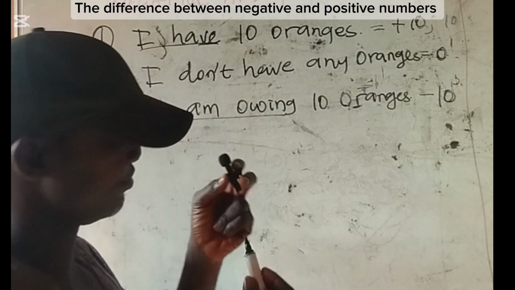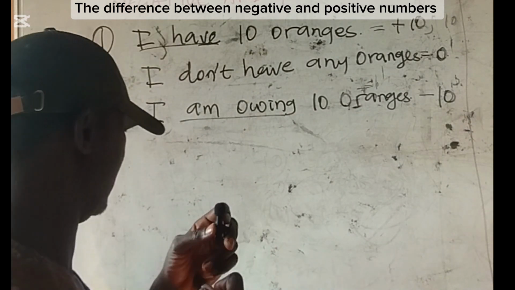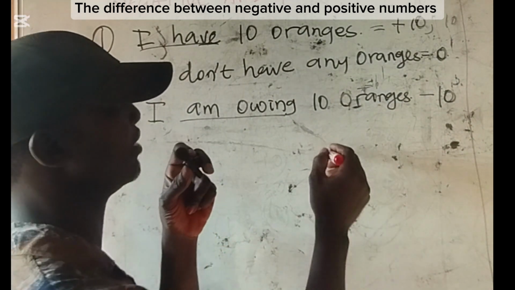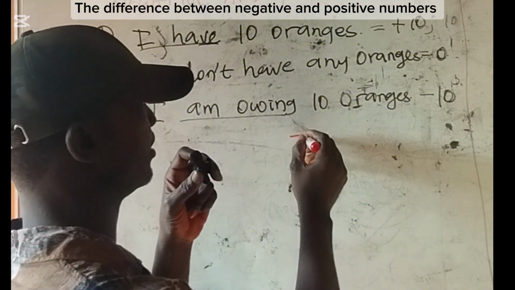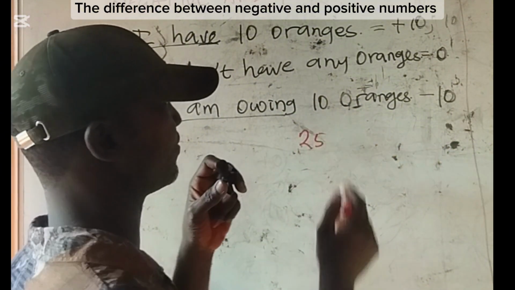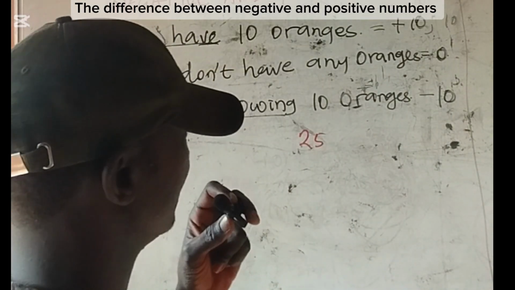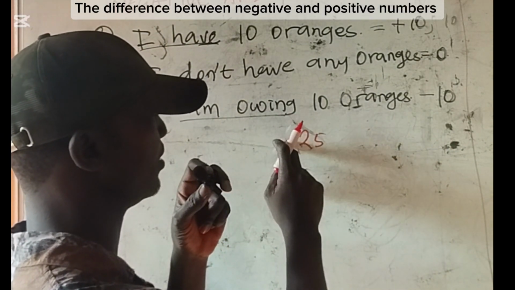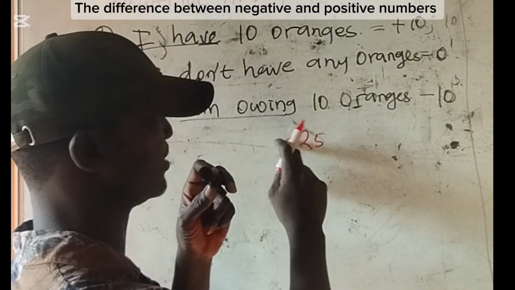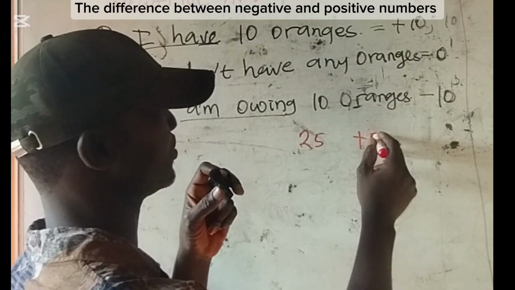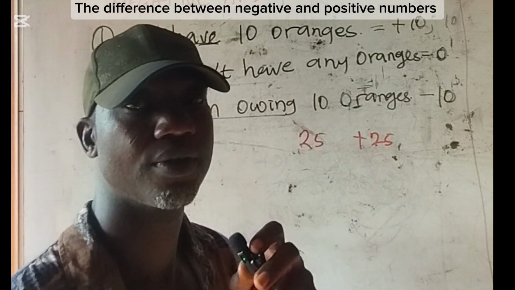So if you have a number like this, let's say 25 as a number, for the mere fact that they didn't include minus at the front, just know that 25 is the same thing as plus 25.